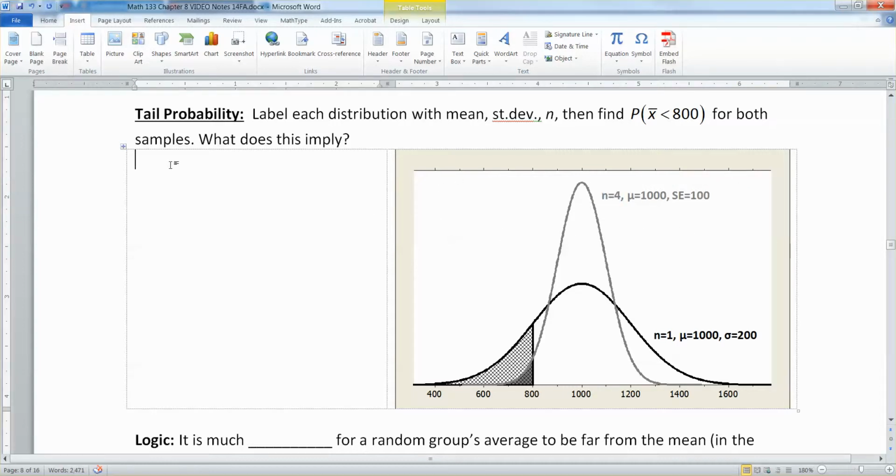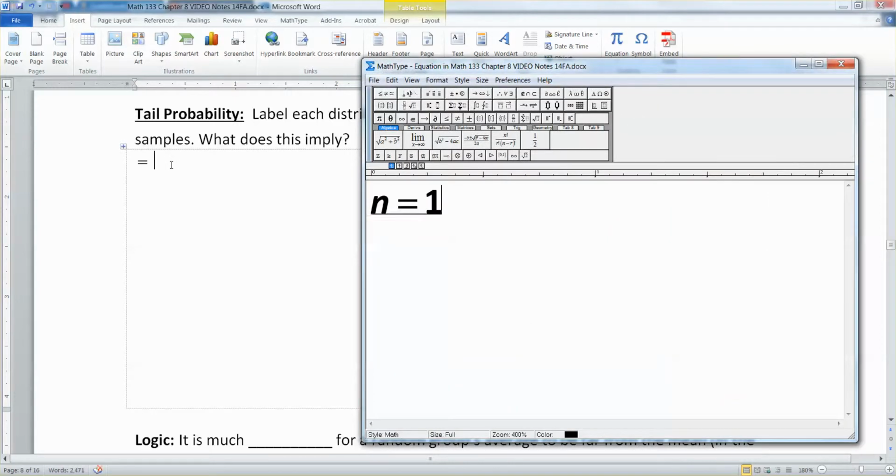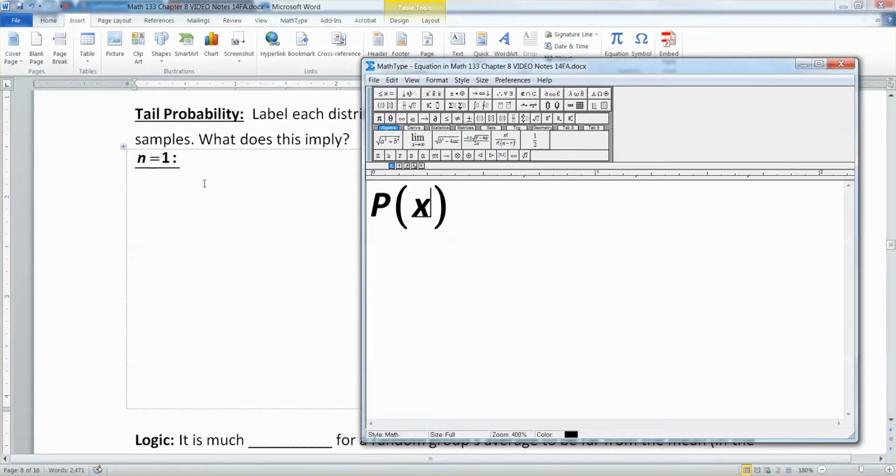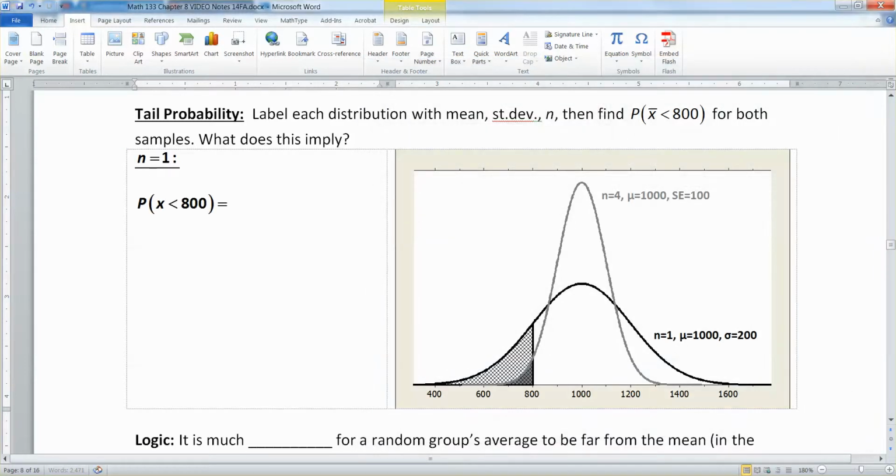So when n is equal to 1, we want to find the area under a normal curve in order to find the probability. The probability that x, because it's a sample size of 1, is equal to normal CDF. Now from what to what?